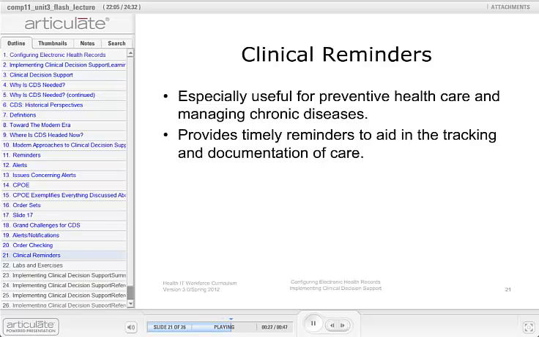Clinical reminders assist in the clinical decision-making process by allowing providers to view when specific tests or evaluations were performed and to track and document when care was delivered. The primary goal is to provide relevant and timely information to providers at the point of care.